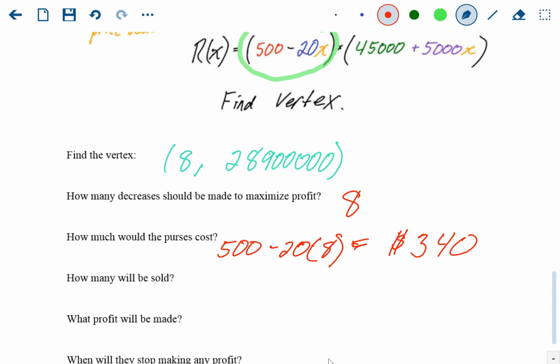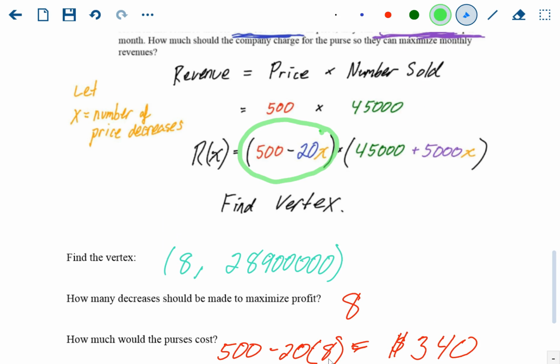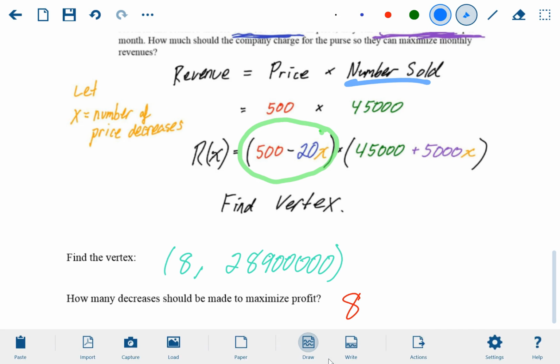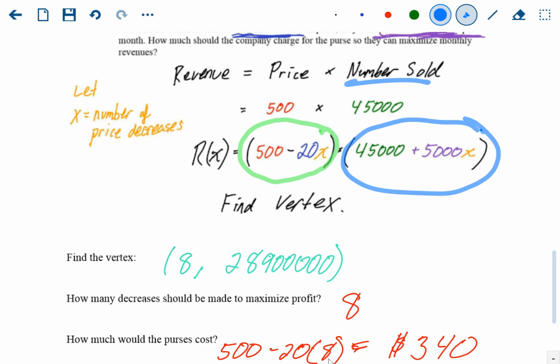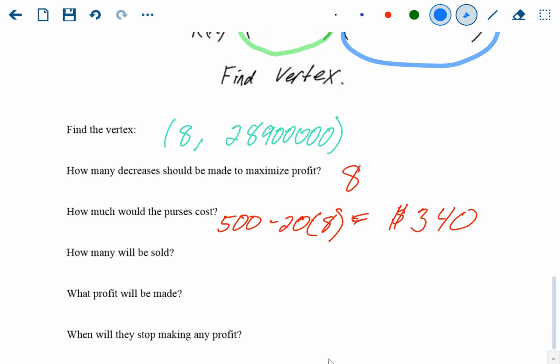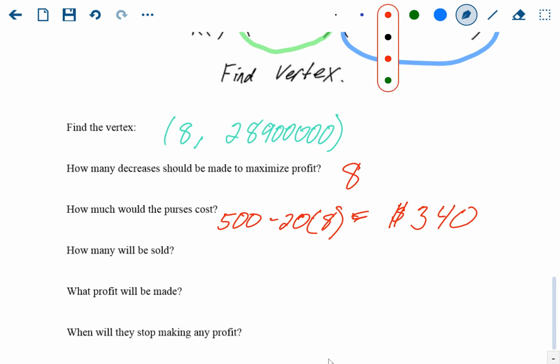How many will be sold? Okay. Well, number sold was this part, the 45,000 plus 5,000 times X. So we could plug in 8 for that X value. 45,000 plus 5,000.